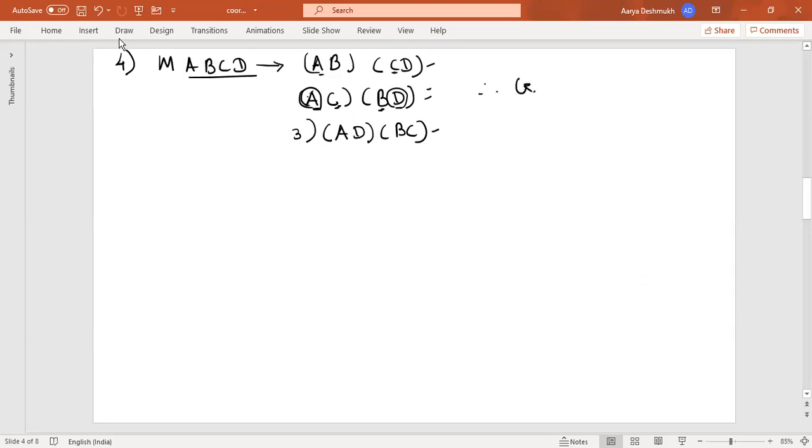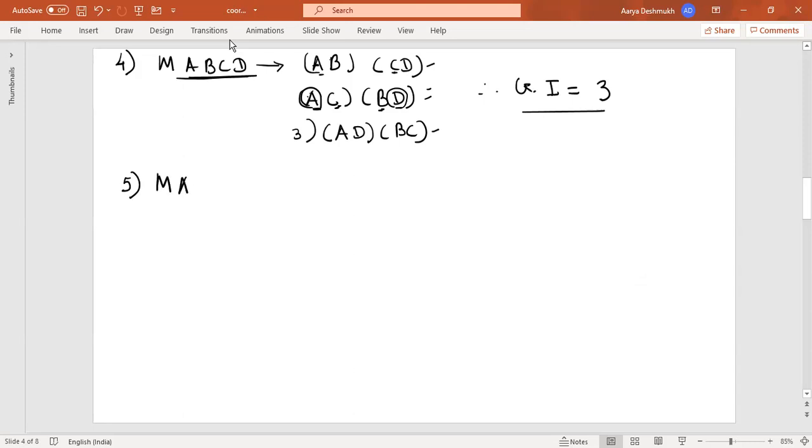Therefore, the number of geometrical isomers possible in MABCD type of complex equals 3. So even without drawing the structure, it is possible for you to know the number of geometric isomers. This type of question appears in different competitive exams like JEE Mains or NEET.